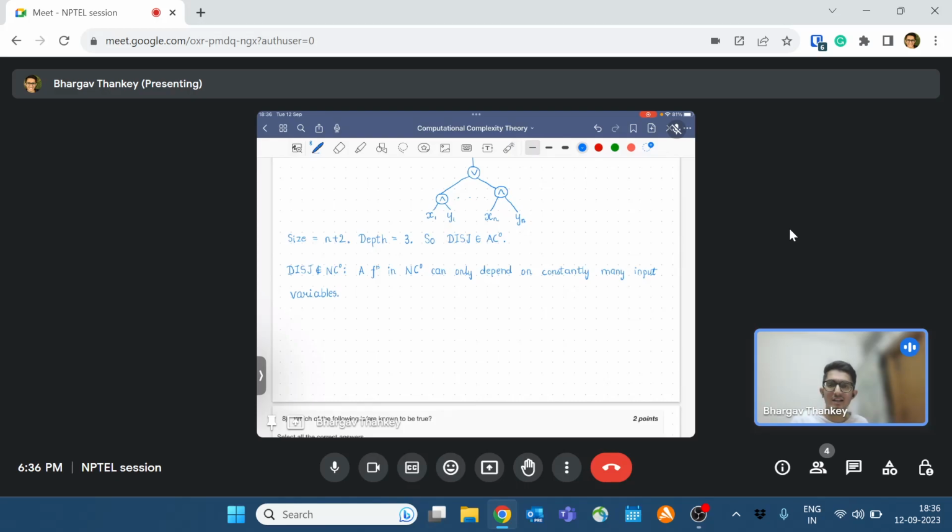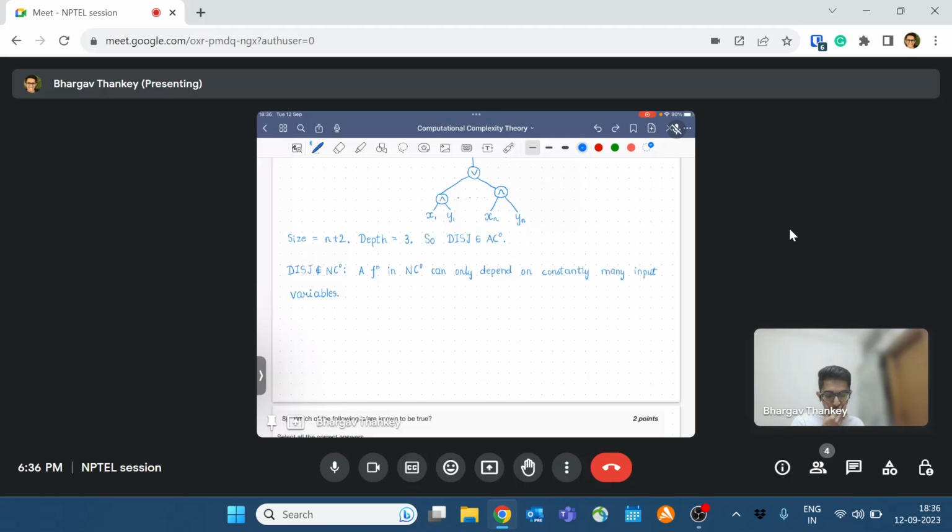Yeah, so this is the claim. Is this claim clear, or should I tell you why this is the case? Please tell why is this the case?